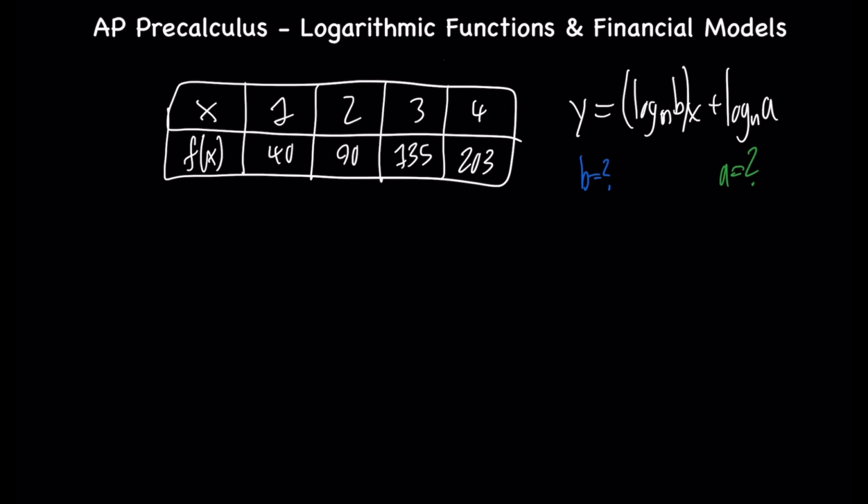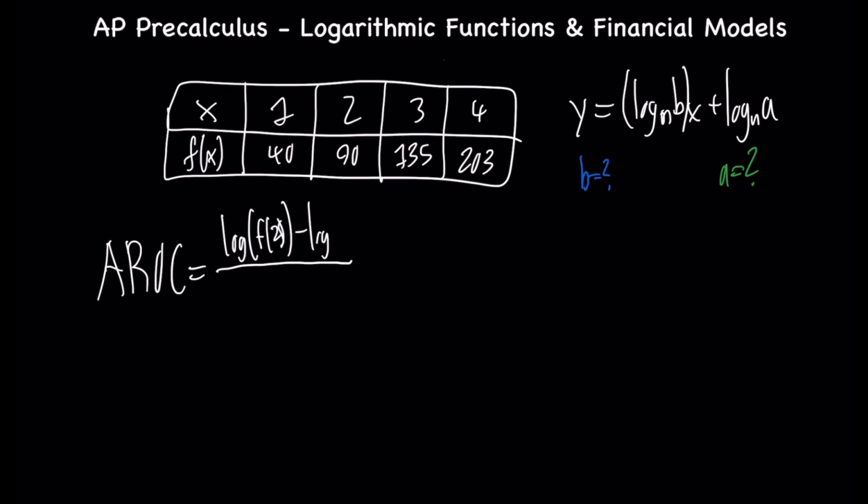So to find B, you're going to want to calculate the average rate of change. And in this case, you would want to do log of f of 2 minus log of f of 1 over 2 minus 1.